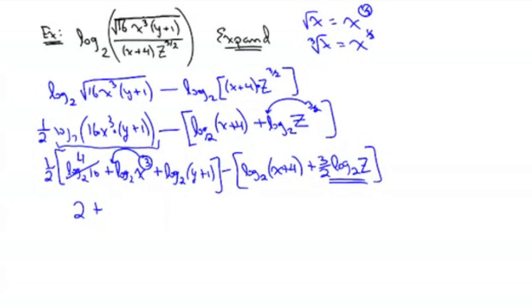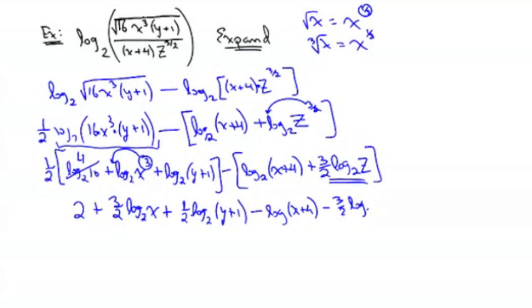Please don't give me a decimal. 3/2. Or 1.5 if you really want to be boring. Log base 2 of x plus 1/2 log base 2 of y plus 1, minus log base 2 of x plus 4 minus 3/2 log base 2 of z.